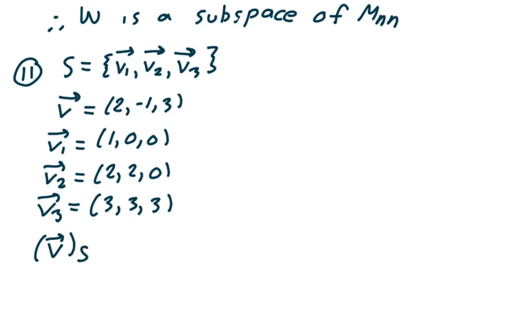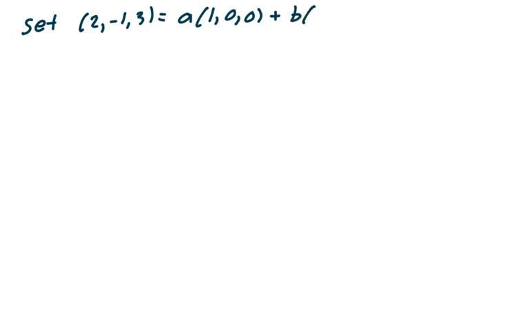And note that S is a basis for R3. That is absolutely a basis for R3. So I'm going to set 2, negative 1, 3 equal to A times 1, 0, 0 plus B times 2, 2, 0 plus C times 3, 3, 3.